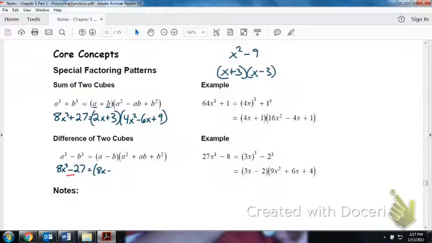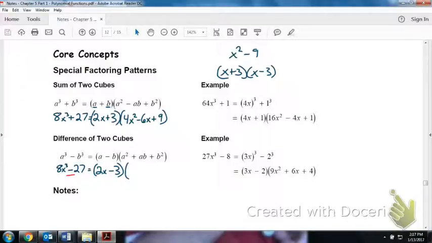Sorry, I wrote an 8 in there by mistake. Hopefully I didn't screw you up too bad. The cube root of 8 is 2. The cube root of 27 is 3.